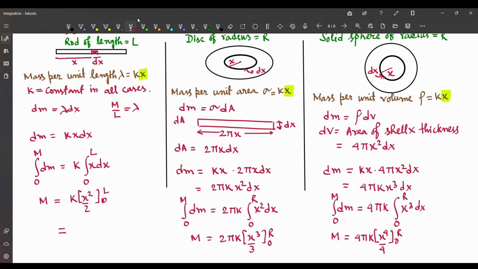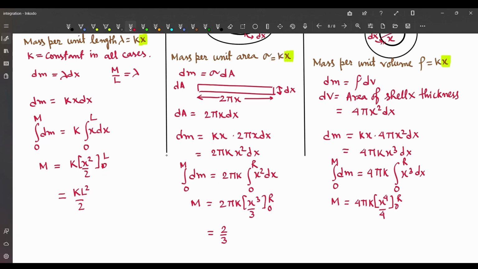Simplifying it, we get k L square by 2, 2 by 3 pi k r cube, and pi k r to the power 4.